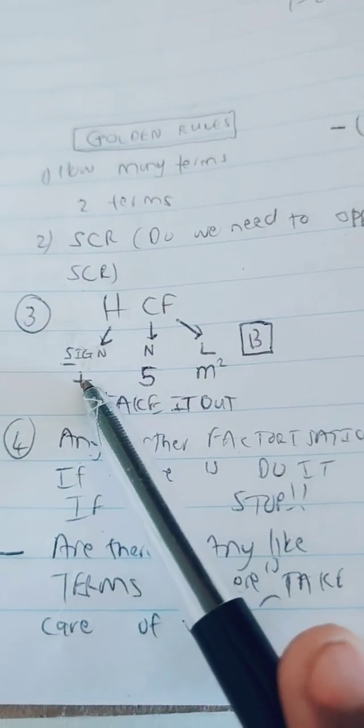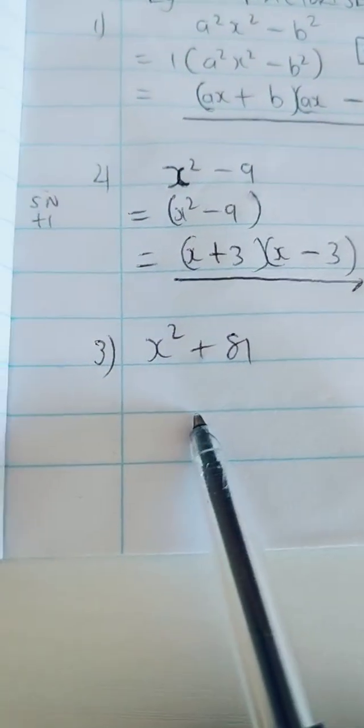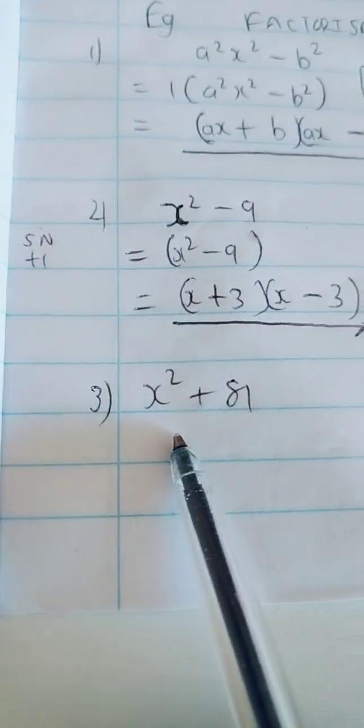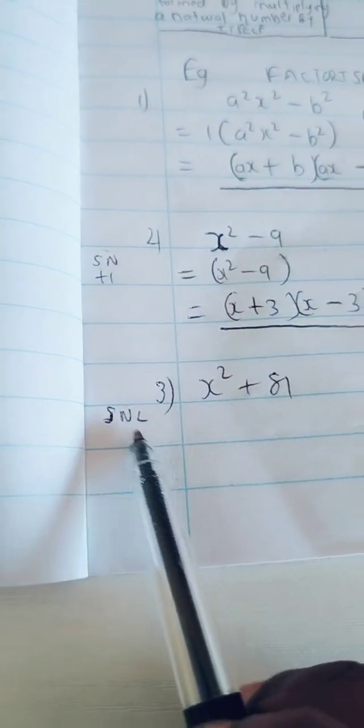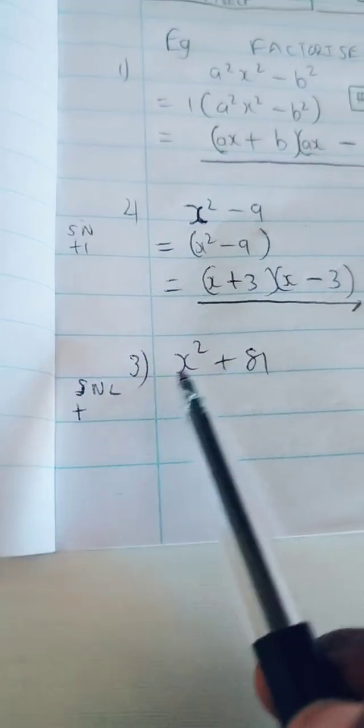Highest common factor: sign, number, letter. So to you, Woni, contrary to popular belief, there is a highest common factor. If we say what is the highest common factor, sign, number, and letter, the sign that we take out is going to be a positive sign. Why?